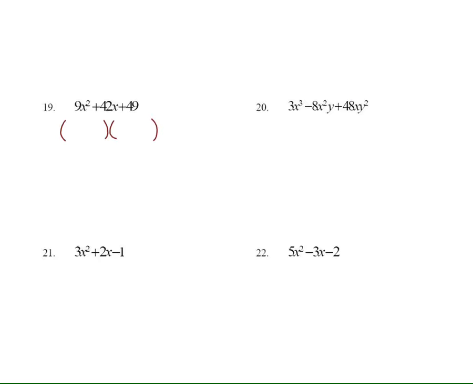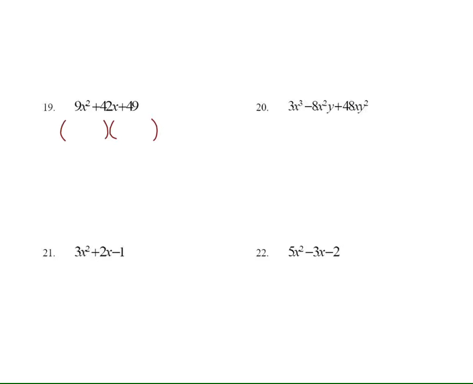What I referenced before is there's really two special cases: what we call a difference of two squares, which is a binomial with perfect squares and a minus between them, and what we call a perfect square trinomial. What that means is there's three terms. The first term is a perfect square, the last term is a perfect square, and then the middle term is really double the product of the first and last term's roots.